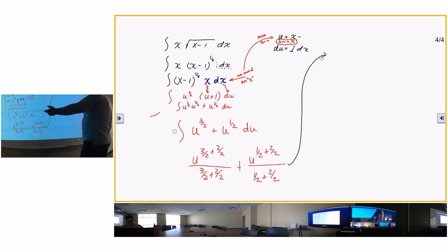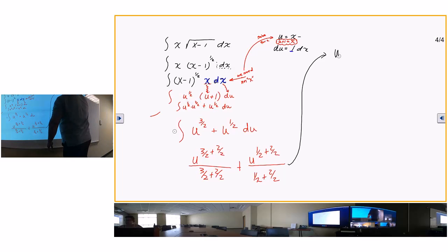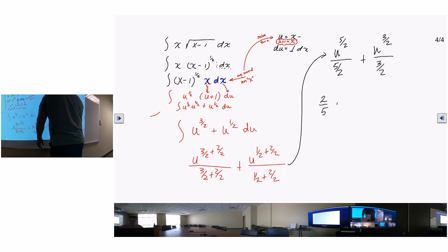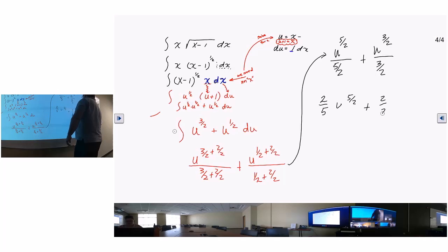Okay, so that's going to be u to the 5/2 over 5/2 plus u to the 3/2 over 3/2, which is 2/5 u to the 5/2 plus 2/3 u to the 3/2.